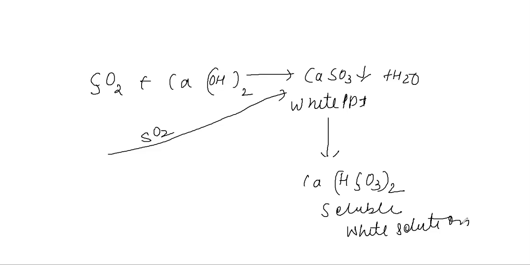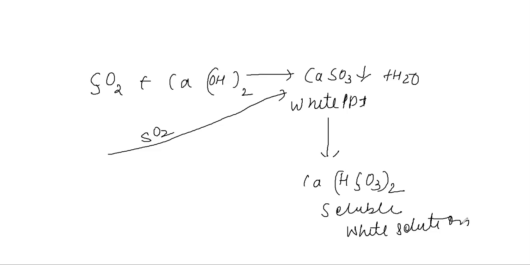What is that? The CO2 gas does not have any effect with acidified KMnO4 and K2Cr2O7, but your SO2 gas is going to react. It is going to be reactive there, and it will convert your KMnO4 pink solution into colorless, and the K2Cr2O7 color also into green.